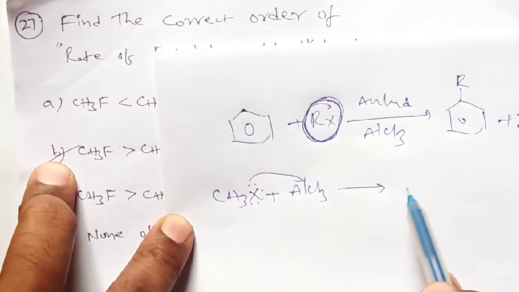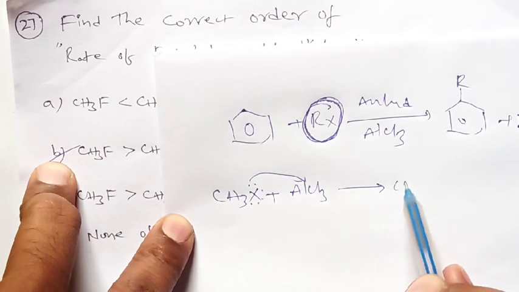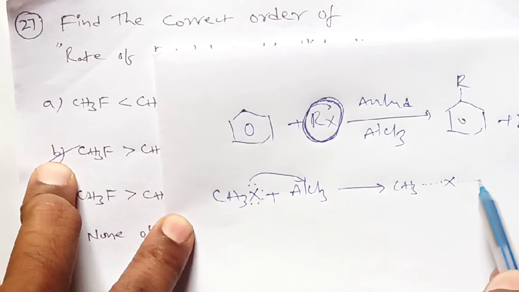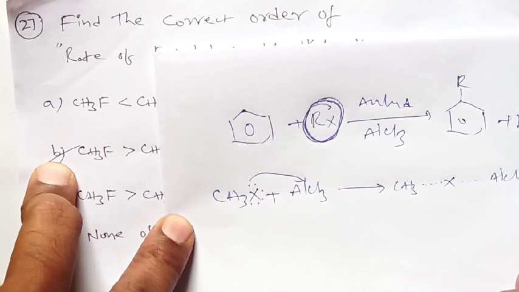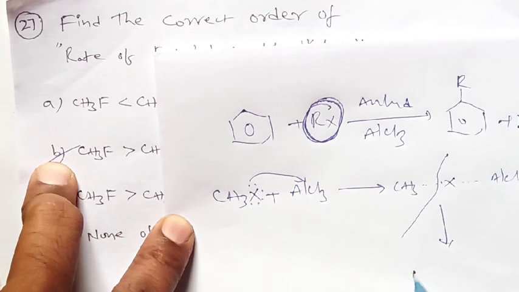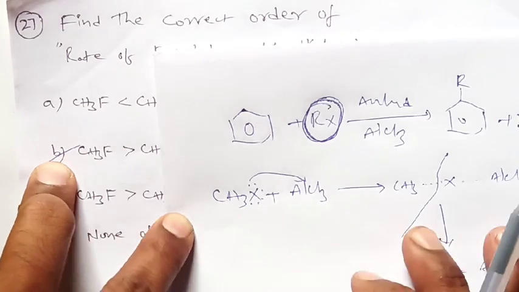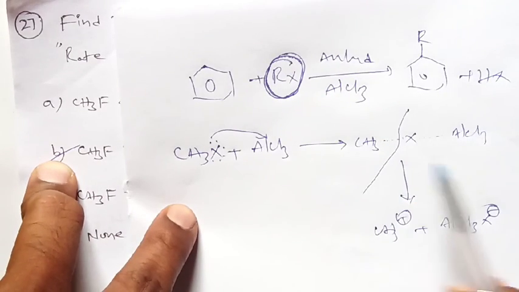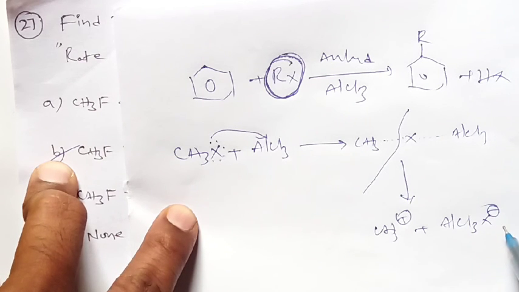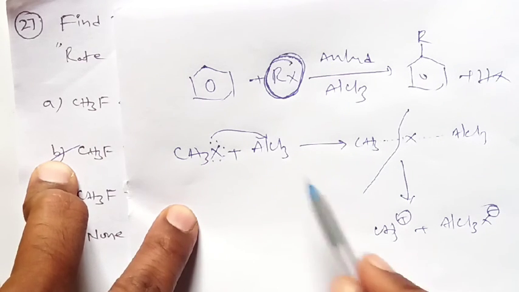One pair of electrons is given to the aluminium. The CH3 bond slowly breaks while the bond to AlCl3 slowly forms. Finally this bond breaks, giving CH3 plus and the remaining AlCl3X minus. Suppose X is Cl, then it is AlCl4 minus. Is it clear?